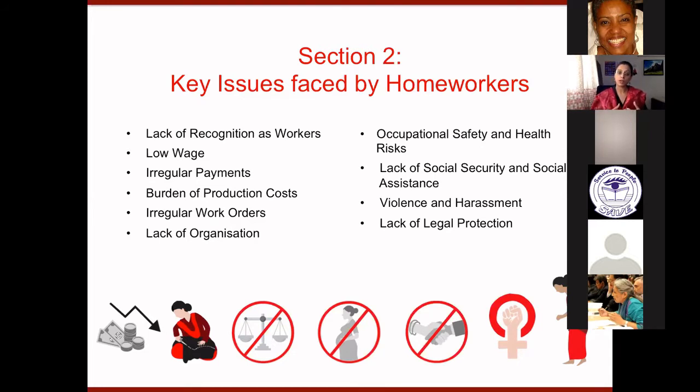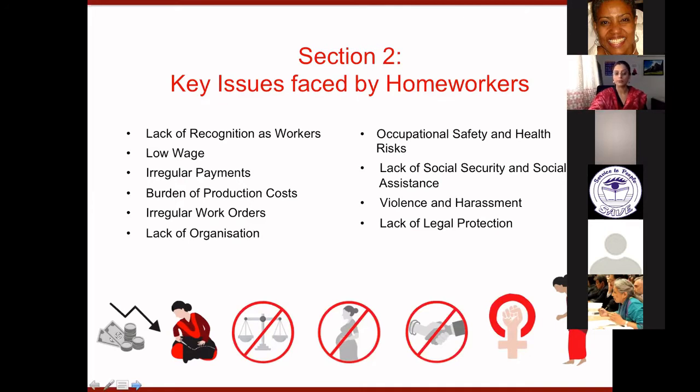We've also touched upon irregular work orders or the seasonality of work for home workers, lack of organization. A lot of us already know home workers are one of the toughest categories of workers to organize because they work from their own homes and individually.